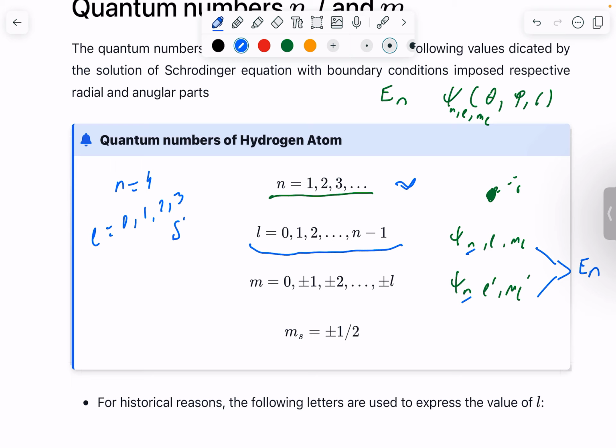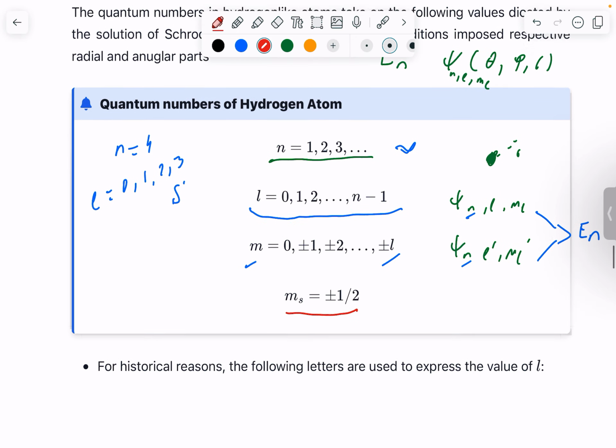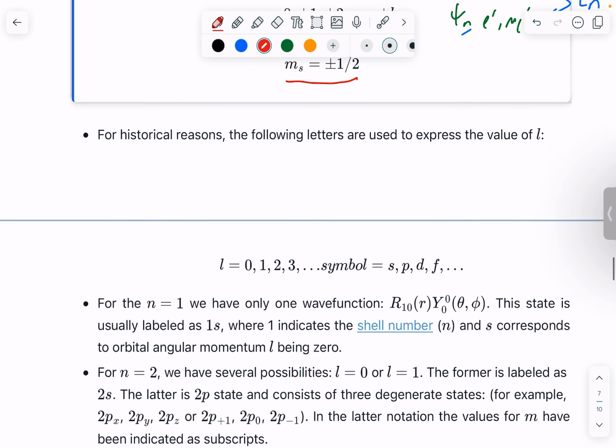In the same way we have a restriction on m, for which we explained the physical meaning. m corresponds to the eigenvalues of the projection of the angular momentum operator, so the projection cannot exceed the length of the angular momentum, so m is bound to be no greater than L. Notice these limits, they're important, they have physical significance. And finally, there will be a new quantum number which we'll introduce in subsequent lectures, known as the spin quantum number. For now, we just list it here. It's a funny looking quantum number, we'll discuss it later. For now, we're just going to ignore it.